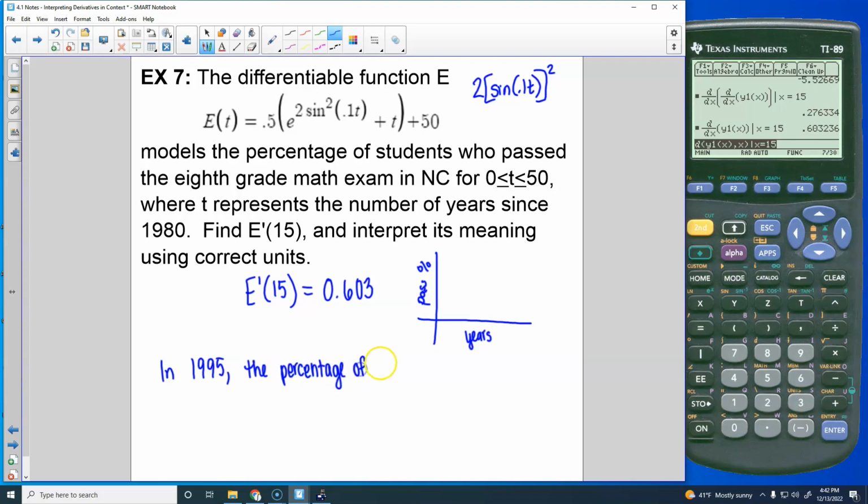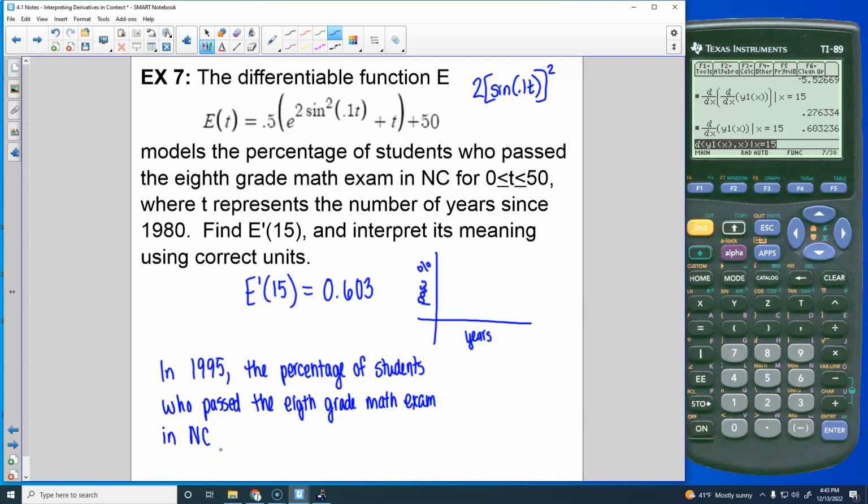of students who passed the 8th grade math exam in North Carolina.